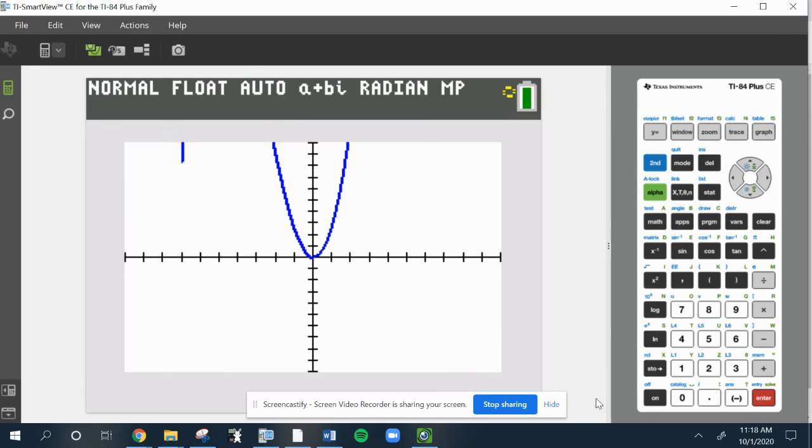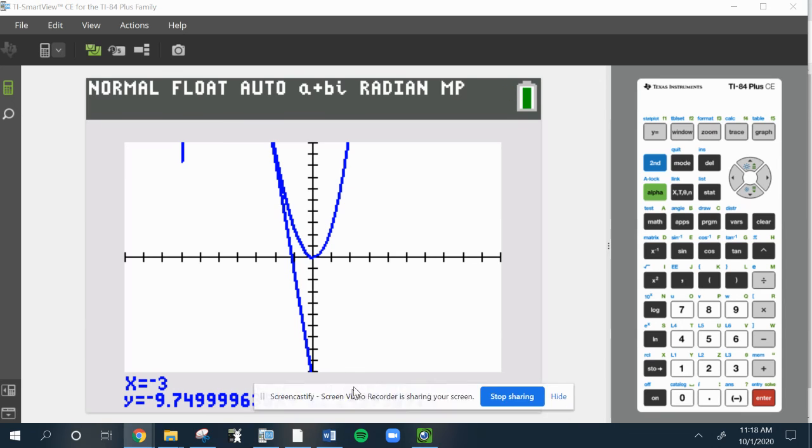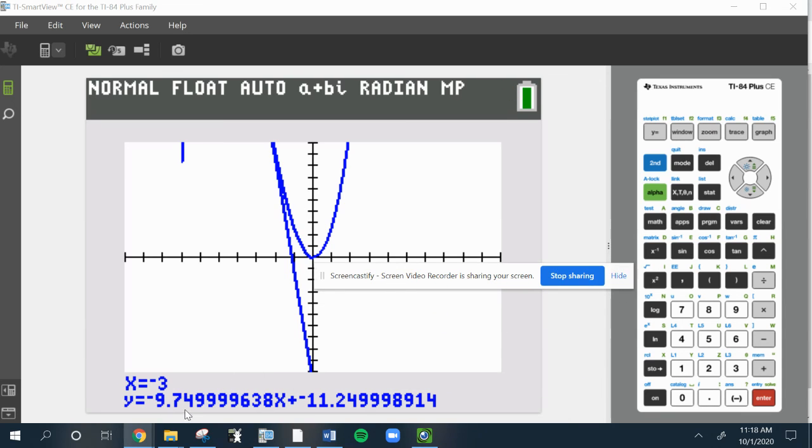Hit enter. It drew the tangent line. It's telling us it's negative 9.75 minus 11.25, which is what we got. So this is good. We're done, and it's correct.